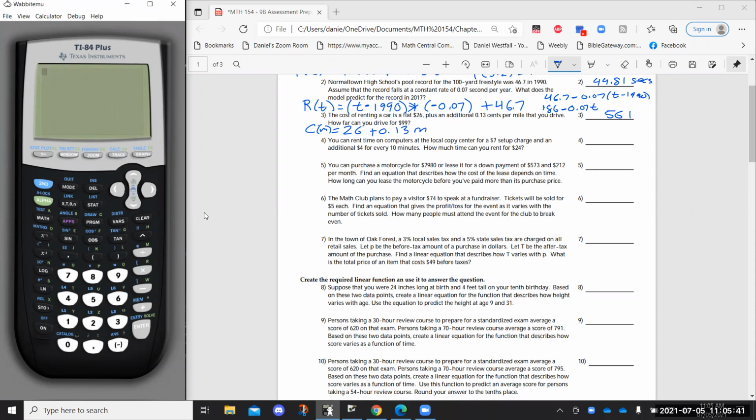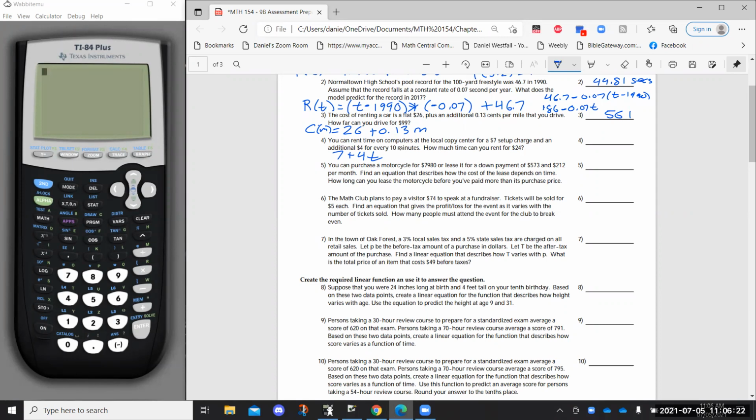You can rent time on computers at a local copy center for a $7 setup charge plus an additional $4 for every 10 minutes. So, for every 10-minute interval, let's say that is T. Hang on a second.